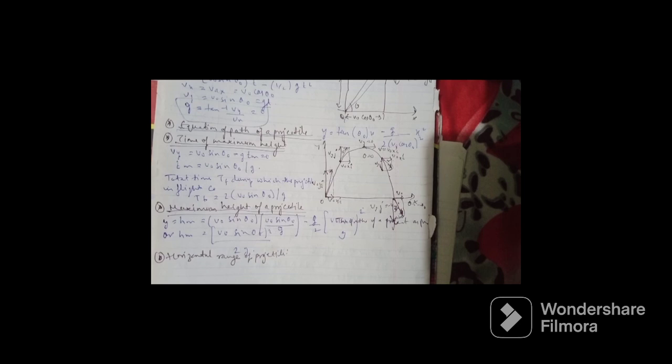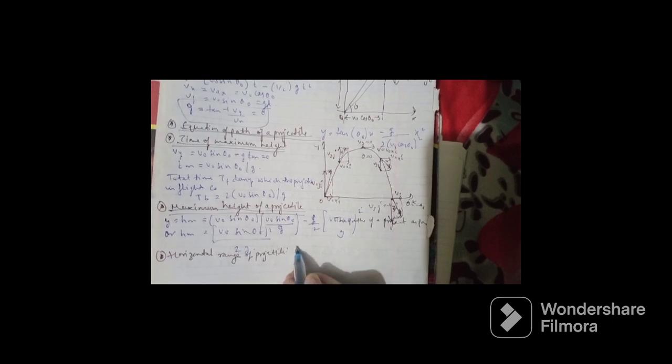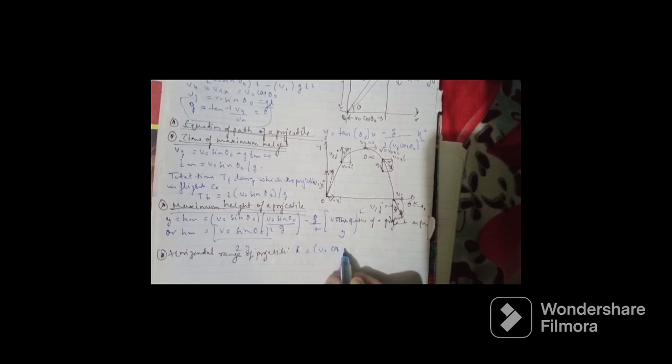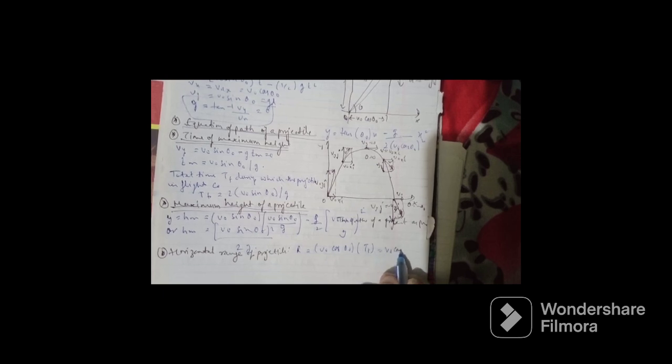R is the distance traveled during the time of flight Tf. Therefore the range R is as follows: R equals v naught cos theta naught times Tf, equals v naught cos theta naught times 2 v naught sin theta naught by g, or R equals v naught square sin 2 theta naught by g.